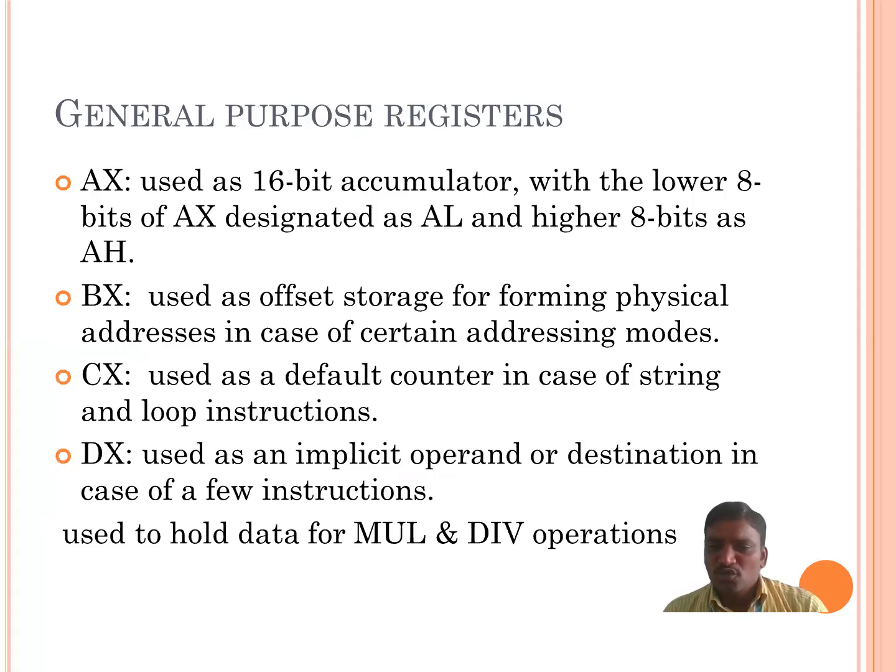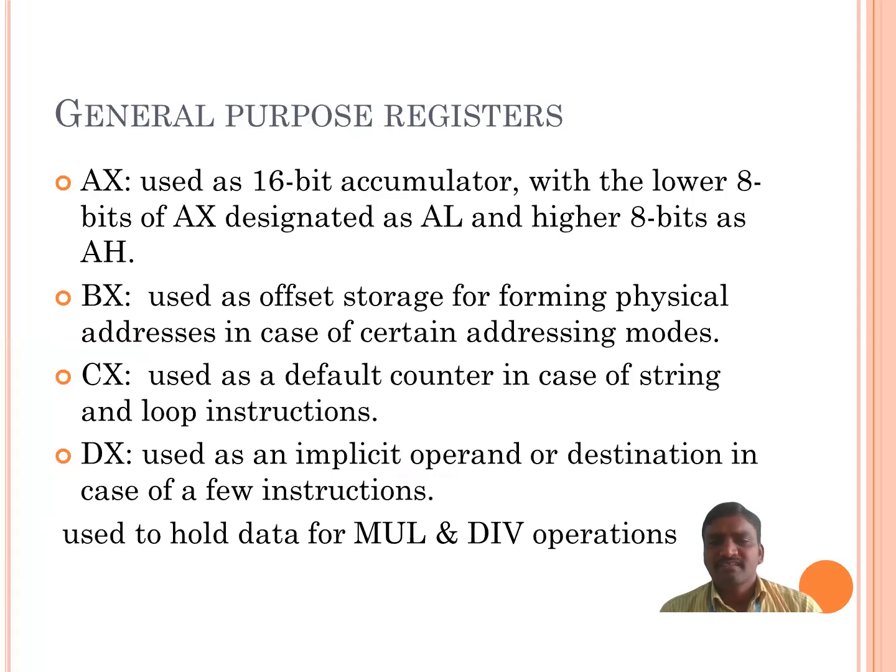Here it is available as two 8-bit registers. One is the AL register, another one is the AH register. AL register is the lower byte register. AH register is the higher byte register. What is the use of AL as well as AH? Whenever we are performing an 8-bit operation, in that case we can use these 8-bit registers. So that is about the AX register.